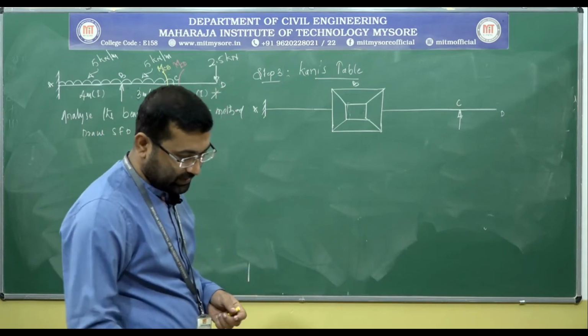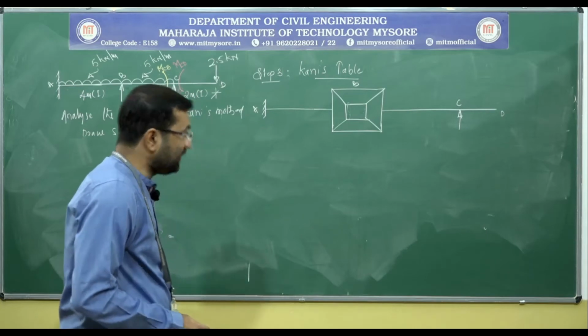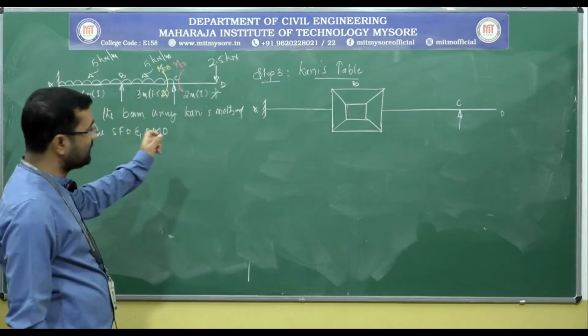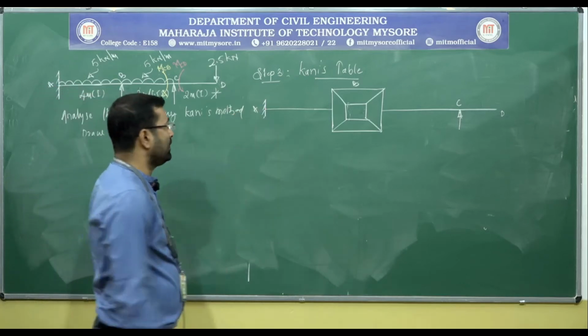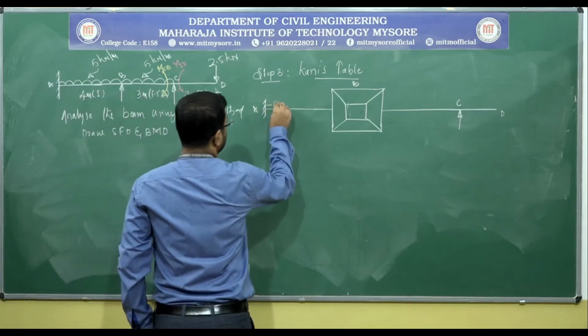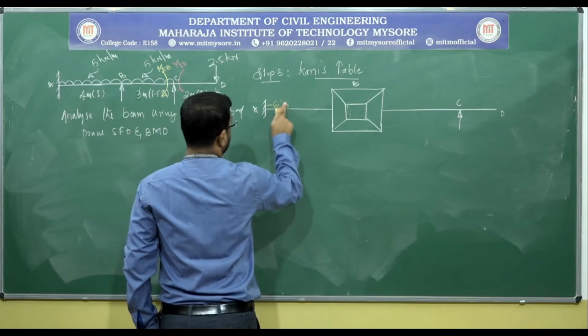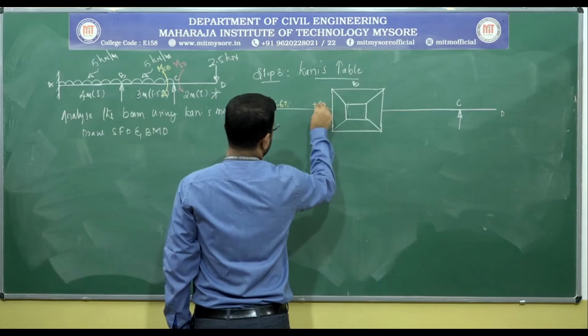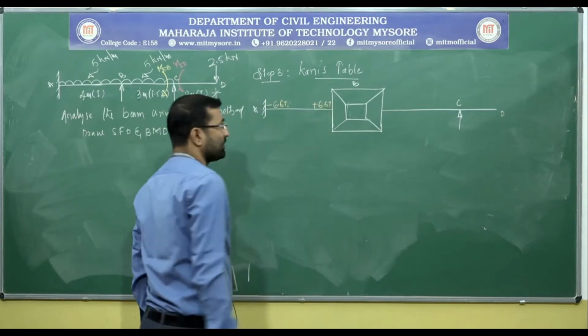Now in this table we need to note down some of the features, like how much the fixed end moments are. The fixed end moment at A, that is MFAB, is minus 6.67, and here it is plus 6.67.